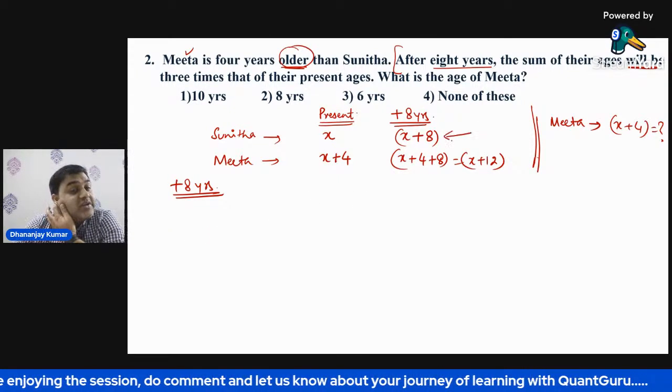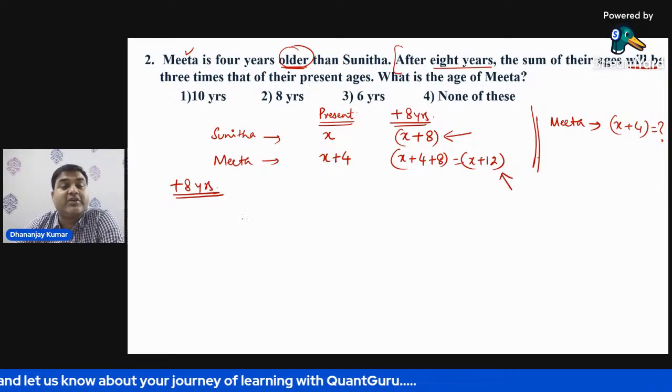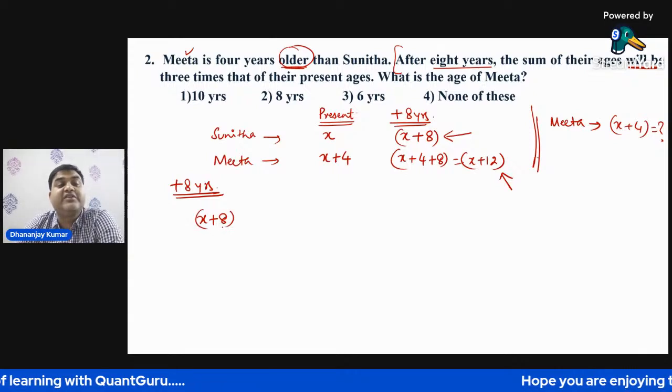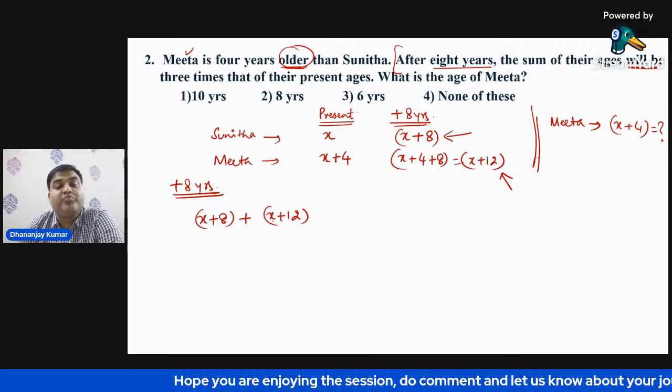So after 8 years, what is the age of Sunita? x plus 8. What is the age of Meeta? x plus 12. So the sum of their ages will be x plus 8, this is the age of Sunita after 8 years, and x plus 12, the age of Meeta after 8 years. No problem.